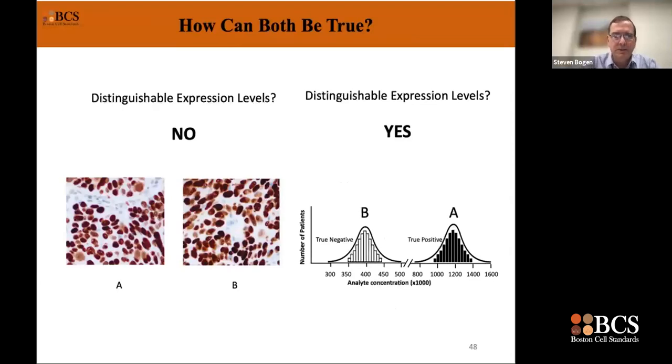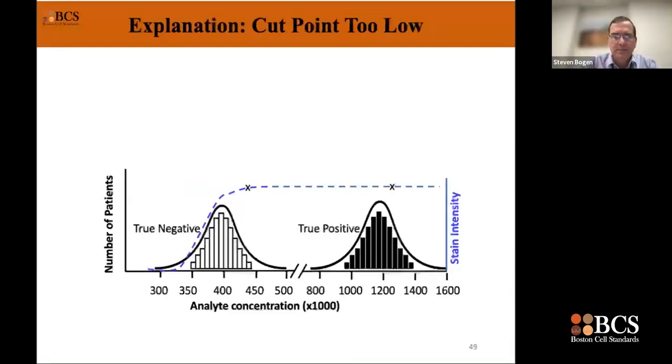And there is a very simple explanation. I'm showing the same graph you just saw, but now with a superimposed analytic response curve with stain intensity on the y-axis on the right. So recall that I'm drawing it to simulate the SP263 PD-L1 curve.